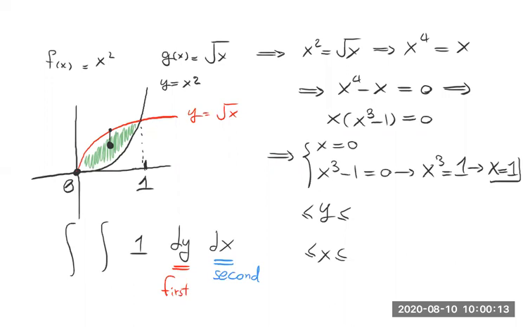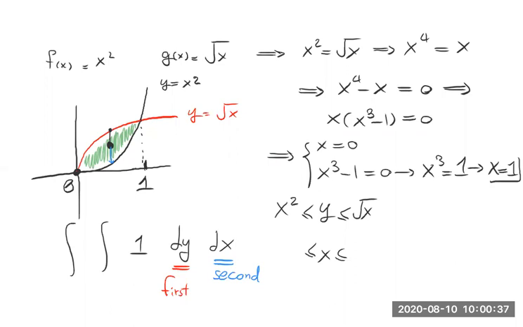This red function is the square root of x. So y is less than square root of x, right? If I come down from this black point, I would get to this black graph, which is x squared. If we are above x squared, it means y is greater or equal than x squared.